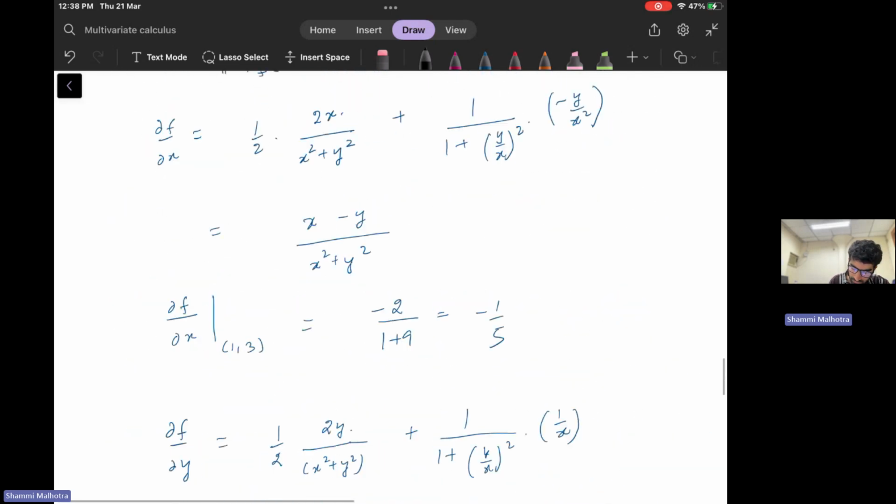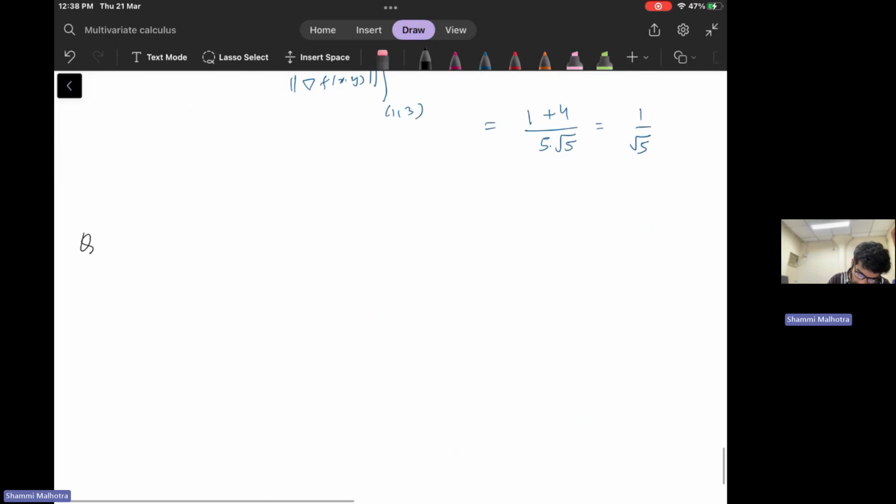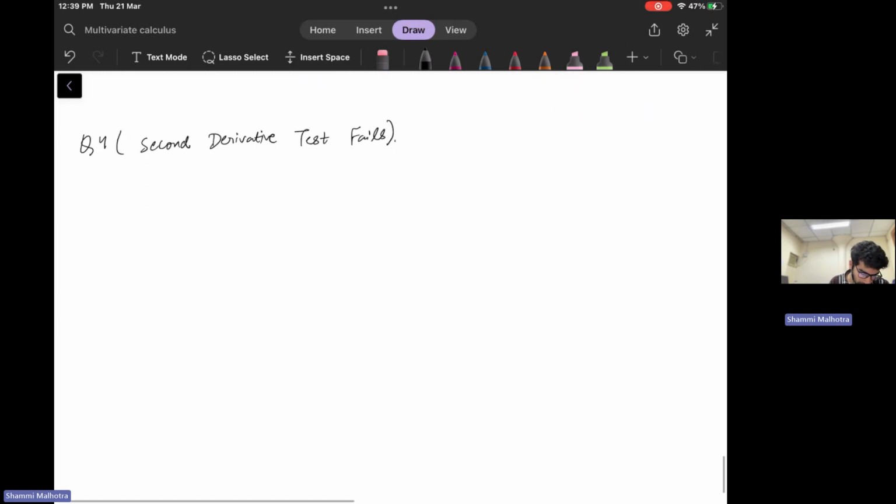So it's question number 4. The second derivative test fails. So let f(x, y) equal (x minus y) whole square.